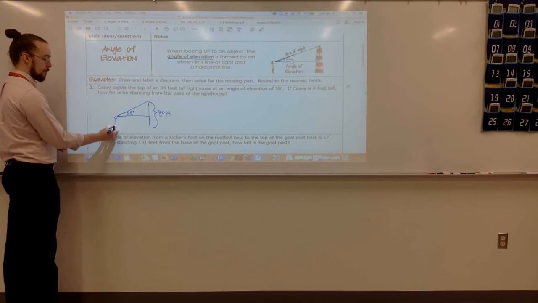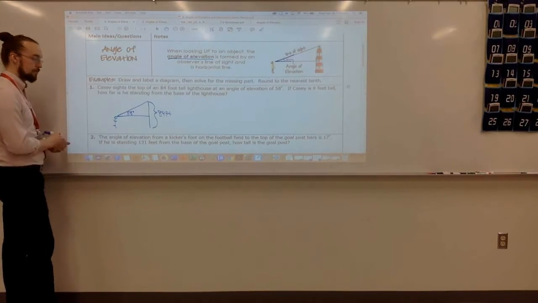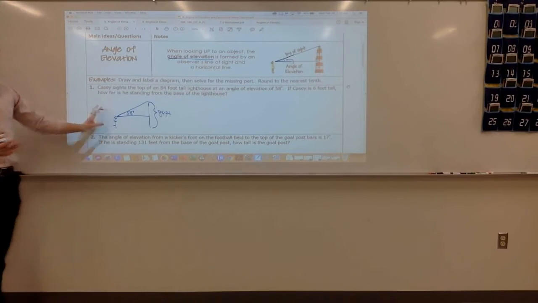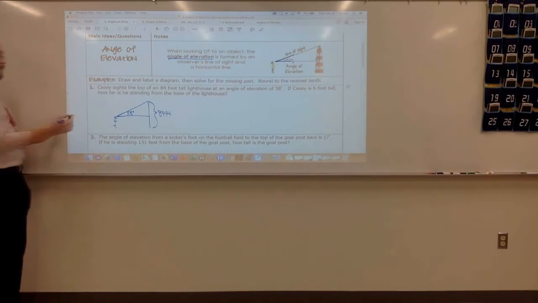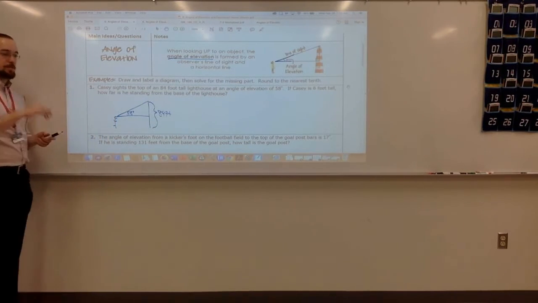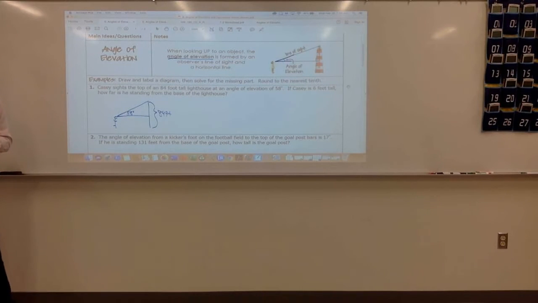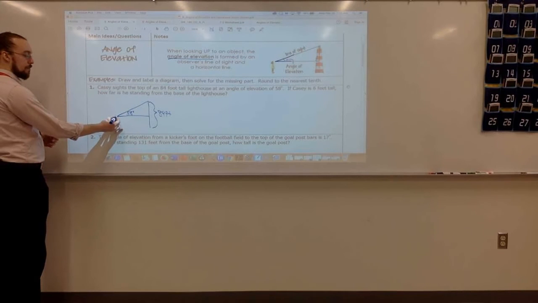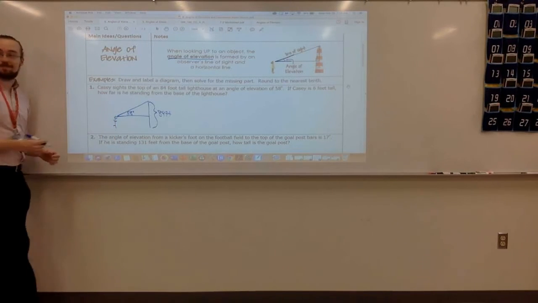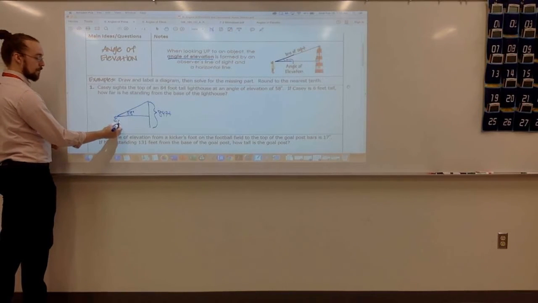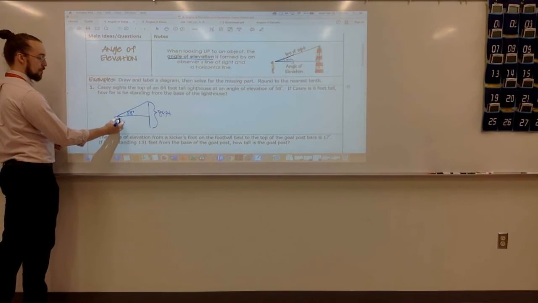But what makes this problem a little bit different from things that we've done before is that we're saying Casey is 6 feet tall. Okay? So this height right here from Casey's, we're assuming it's from Casey's line of sight, right? We're assuming he doesn't have a forehead. His eyes are at the very top of his head. So this distance here is 6 feet.